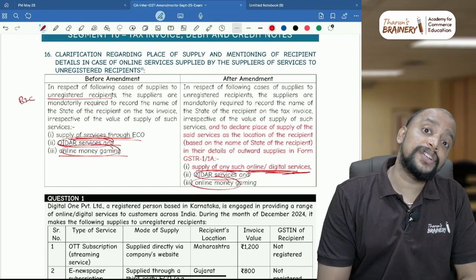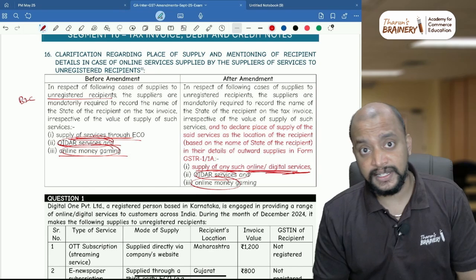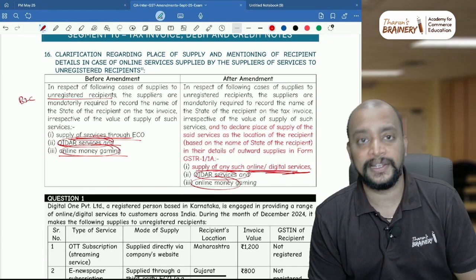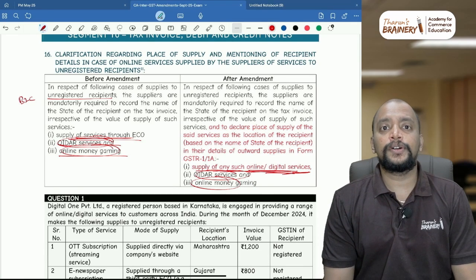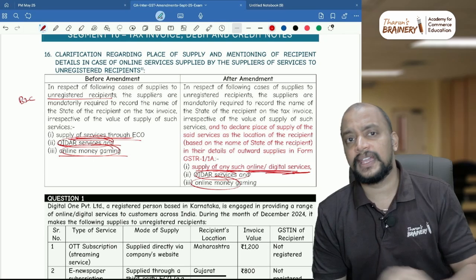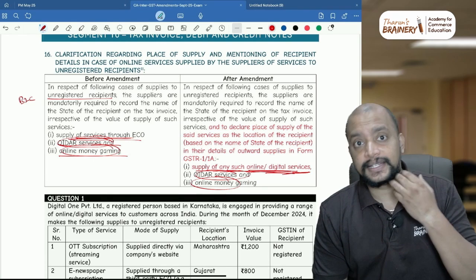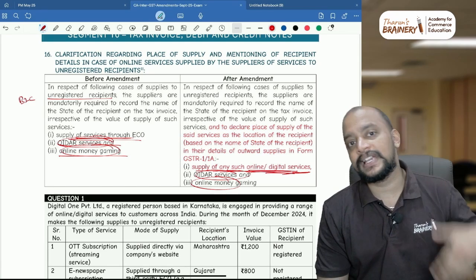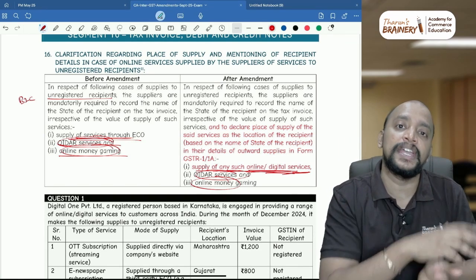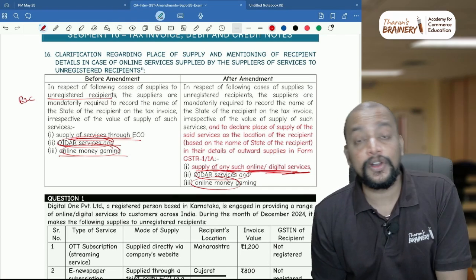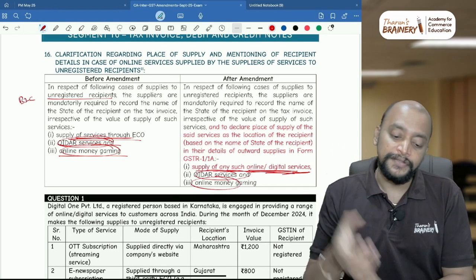But even if it is not OIDR, any online service provided, like online consulting or payment transactions, online contracts signed online, where an entity sends the contract form and you need to sign and return it. All these may not be OIDR services, but even then for all online services we need to enter the recipient details.